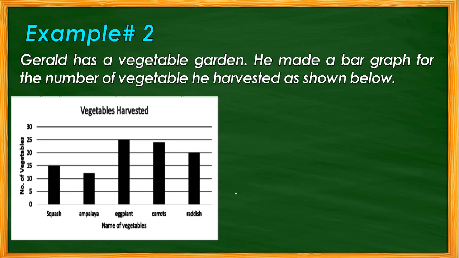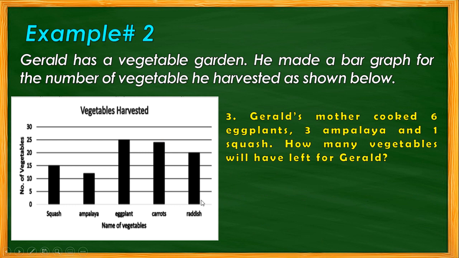Now, for question number 3. Gerald's mother cooked 6 eggplant, 3 ampalaya, and 1 squash. How many vegetables will be left for Gerald? In question number 1, the total vegetables harvested by Gerald is 97.